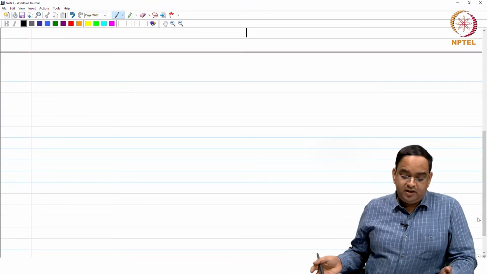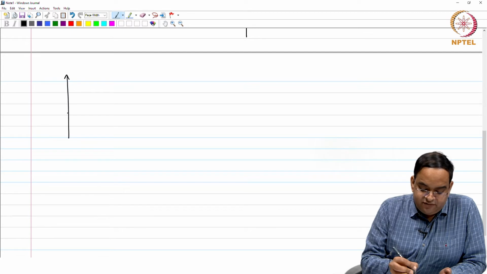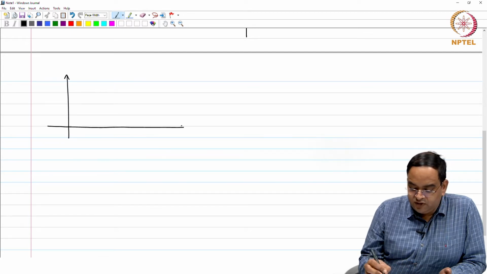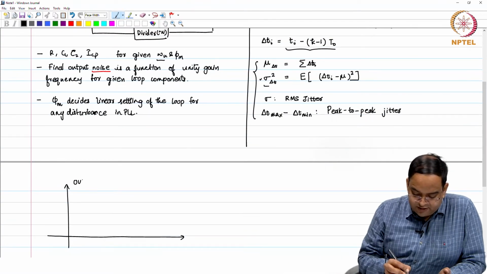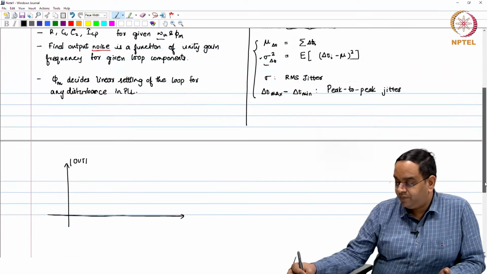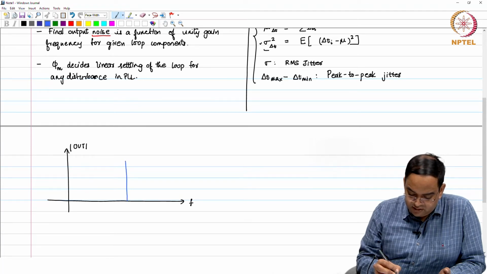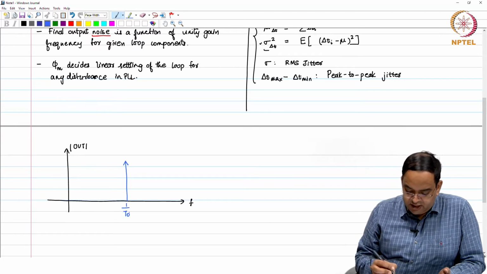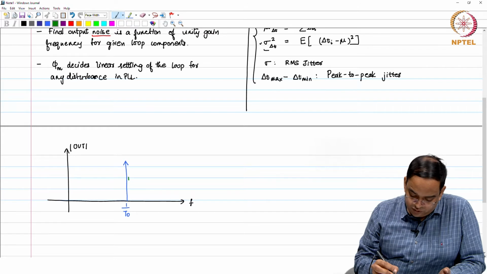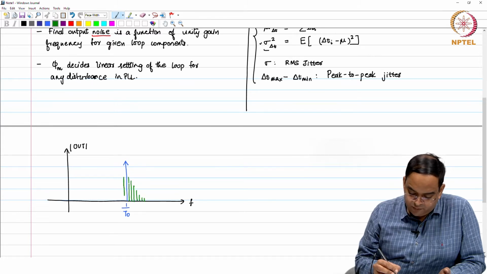In the frequency domain, if you look at the spectrum of such a clock which has deviation, what will you see? I am looking at the voltage spectrum of the output with respect to frequency. You will see the tone at 1 over T_out, and then you see multiple tones around the output frequency.